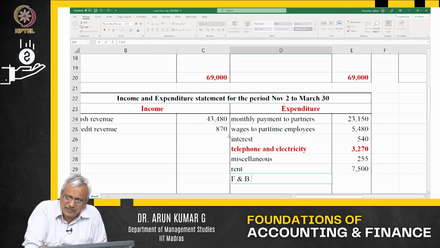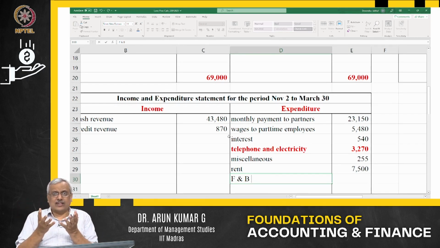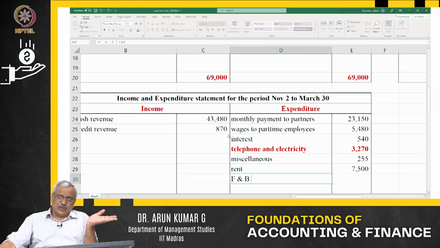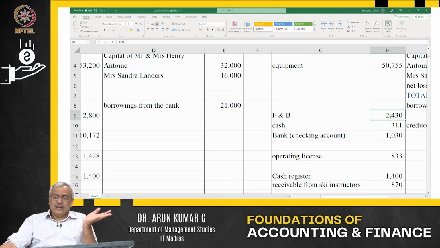But what is the food and beverage consumed is what we have to be worried about, because what is not consumed is still an asset, it is not an expenditure. You bought 10,116 worth of food and beverage, agreed. But what is consumed is an expenditure. What is not consumed is obviously sitting as an asset for you in the balance sheet. And you see in this particular case, about $2,430 worth of food and beverage is sitting as an asset for you in the balance sheet.